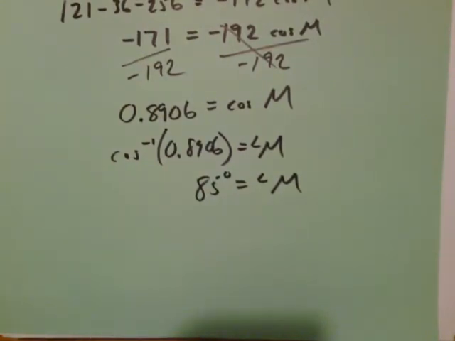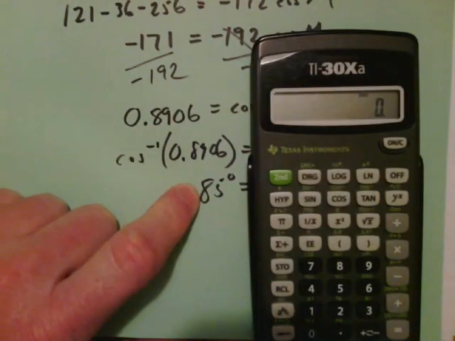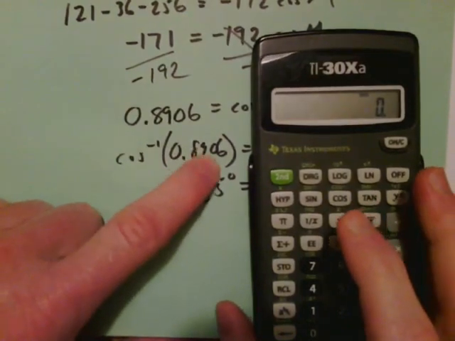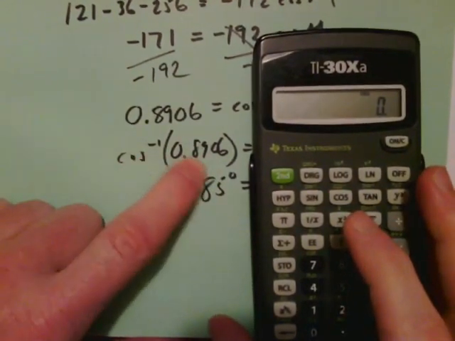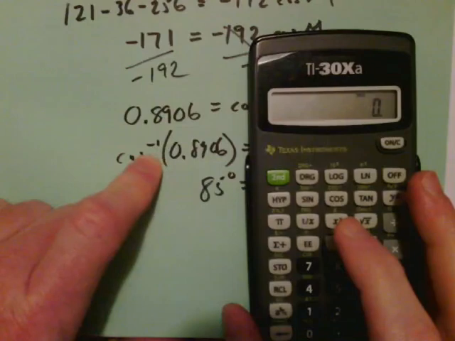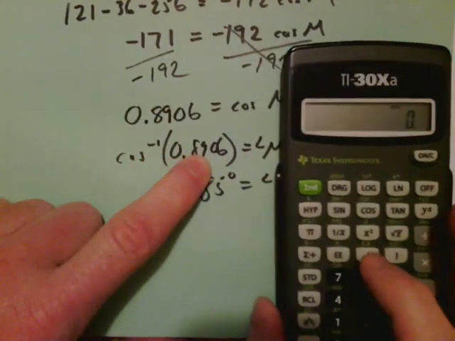And yet the answer says the angle's 27 degrees. What did I do wrong? I'm going to pause this so I can see if I can find my mistake. Okay, found my mistake. I must not have hit second cos. I may have hit just cos.